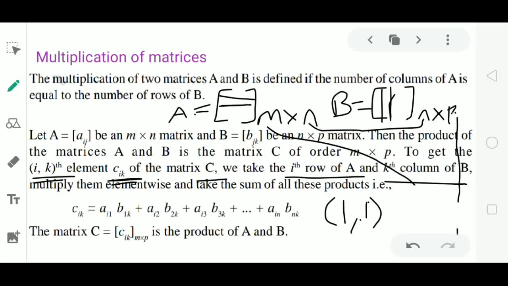Similarly, to get the element lying in first row and second column of the matrix AB, we take the first row of A and second column of B, multiply the corresponding elements and then take the sum of all these products.